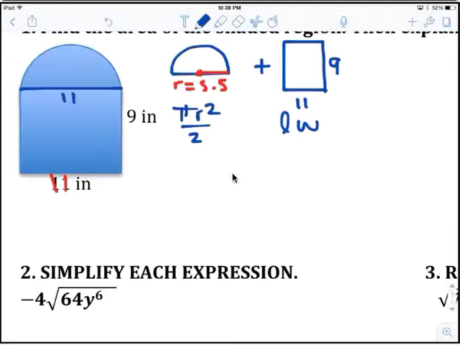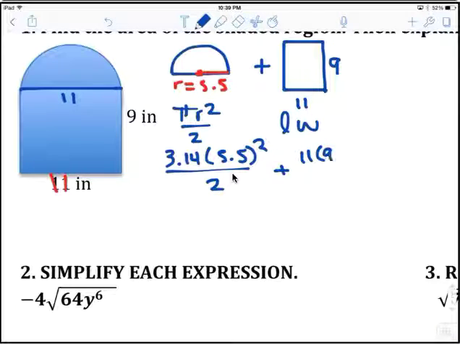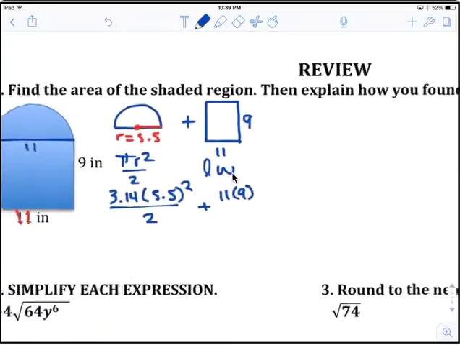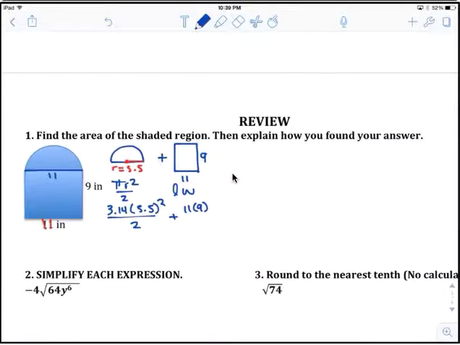Length times width for this one. 3.14 times 5.5 squared divided by 2. Add that to 11 times 9. So use your calculator, add it together, get your answer, and explain this process. Now on your test, I'm going to ask you just to explain only.